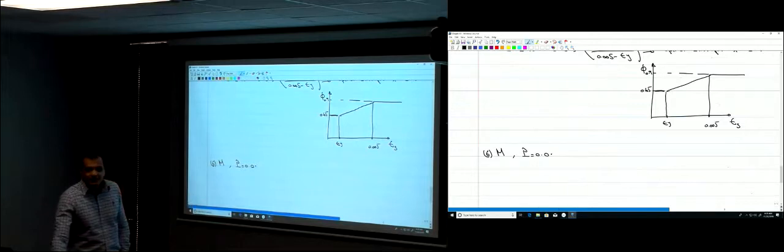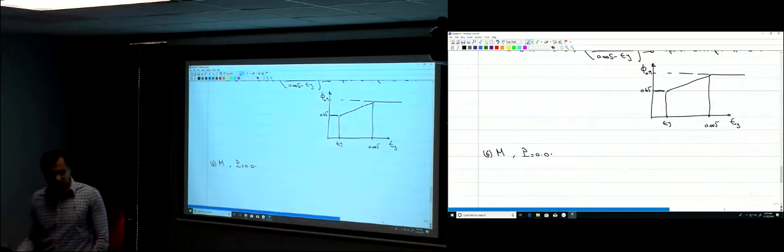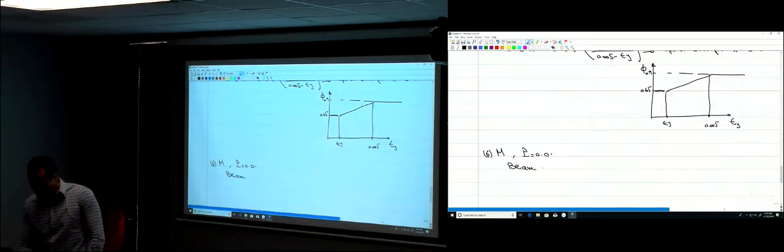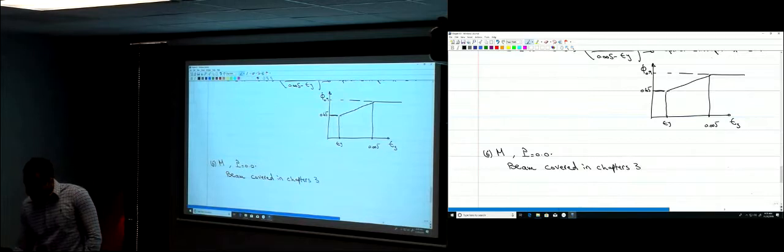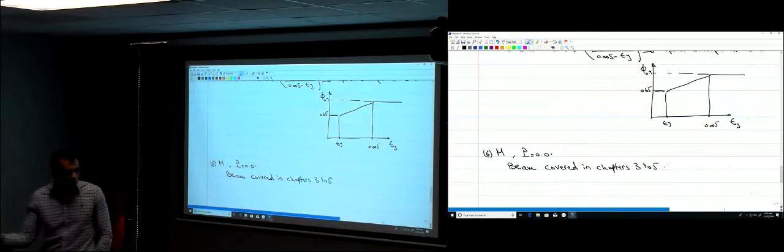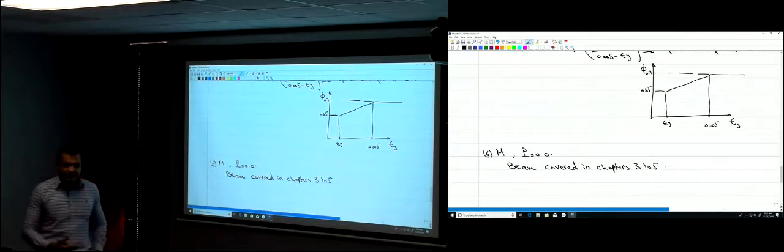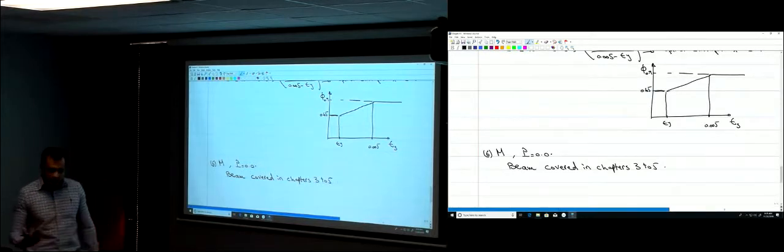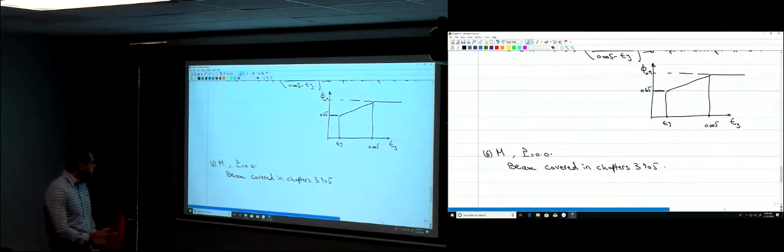What's that case? What does this represent? This is a beam, covered in chapters 3 to 5. This is not a new case, but it is the extreme case that you can have.